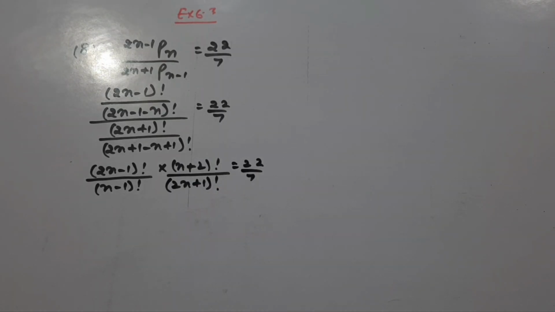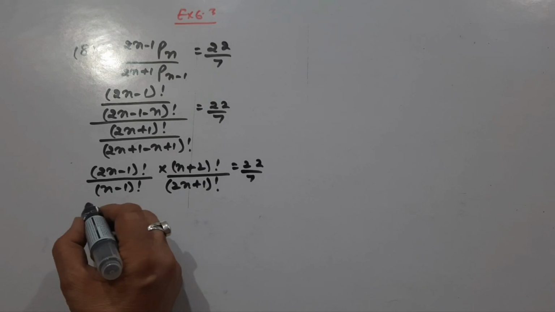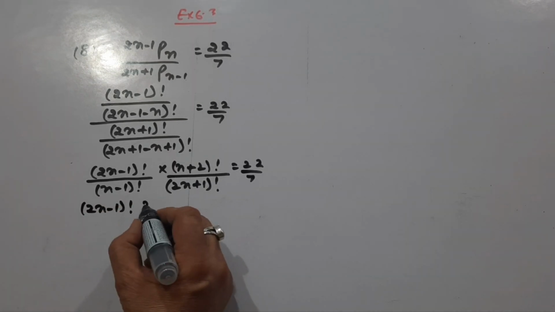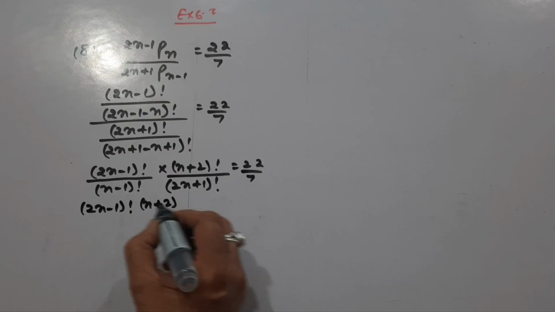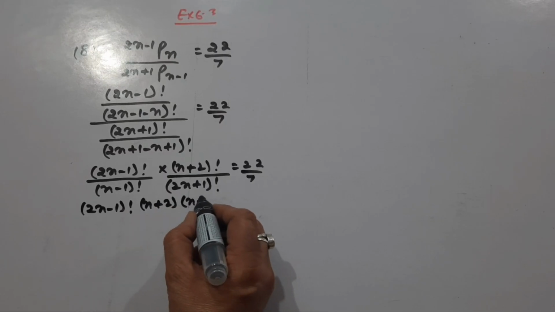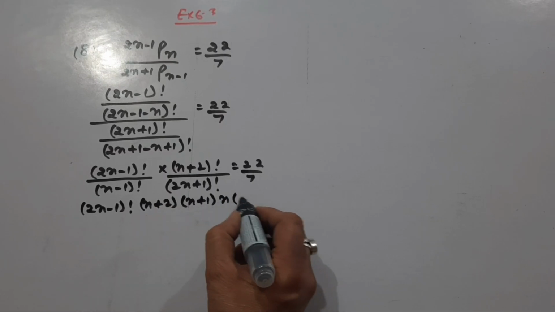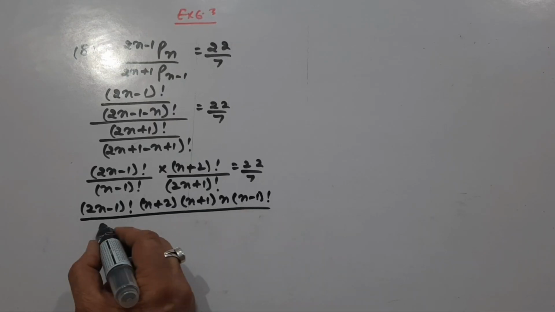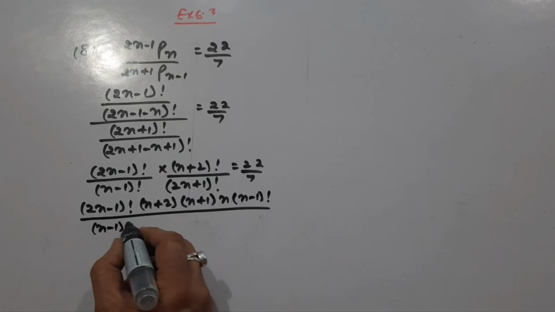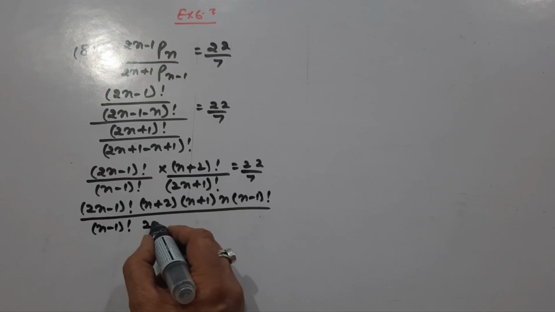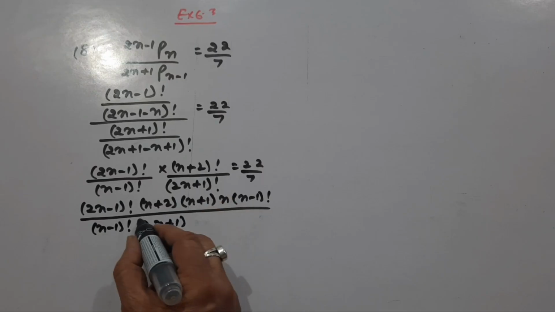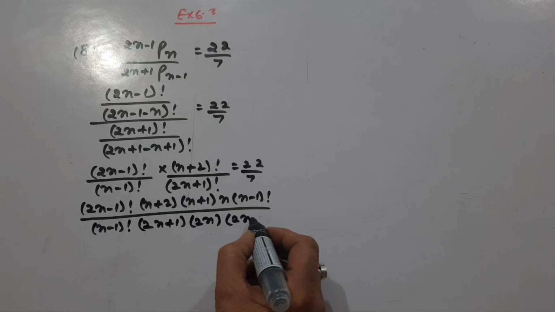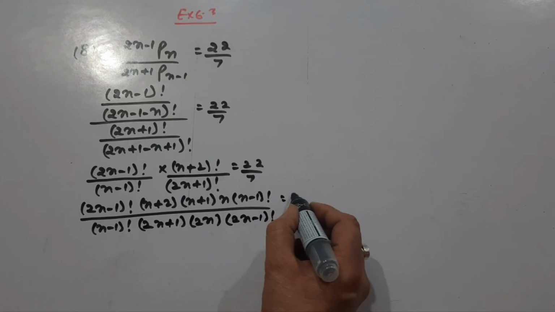Now let us solve it. Now writing 2n minus 1 factorial as it is, now we will solve n plus 2 factorial, n plus 2, n plus 1, then n, and then n minus 1 factorial upon n minus 1 factorial as it is. Now solving 2n plus 1 factorial, 2n plus 1, then 2n, 2n minus 1 factorial.